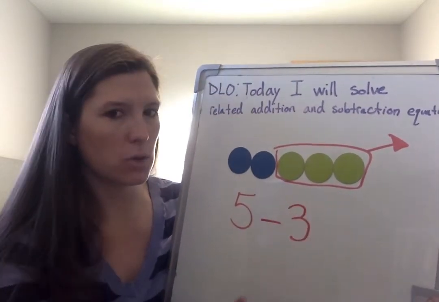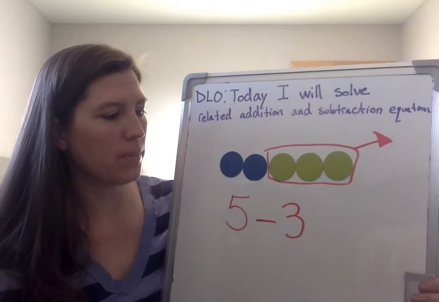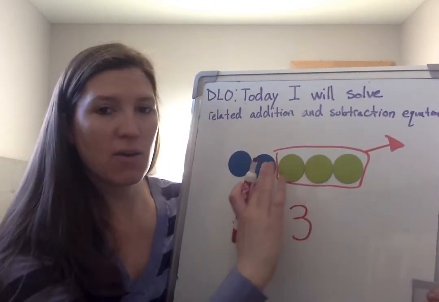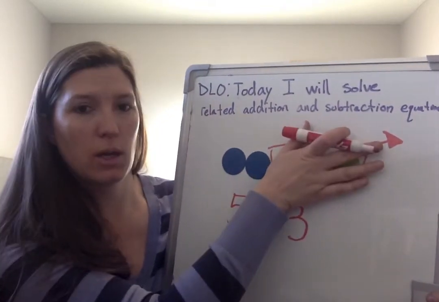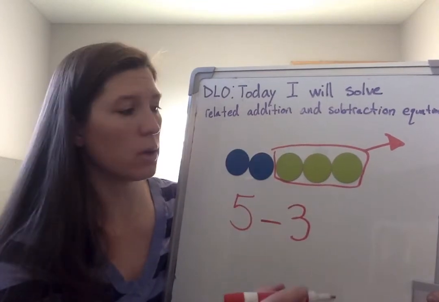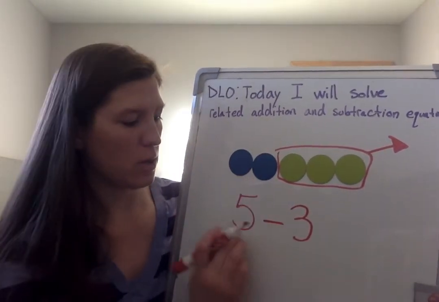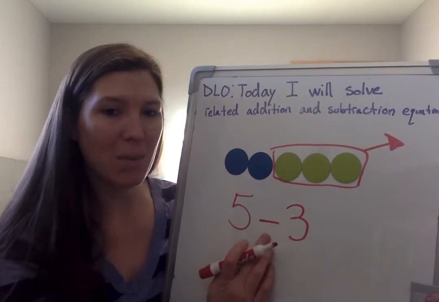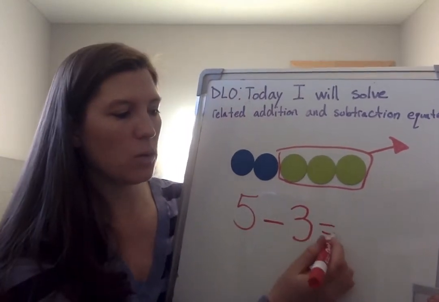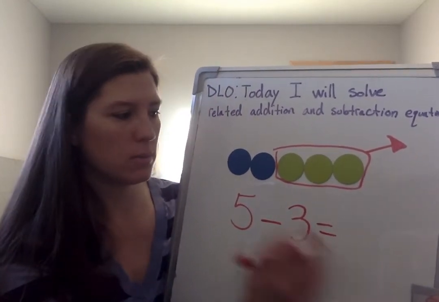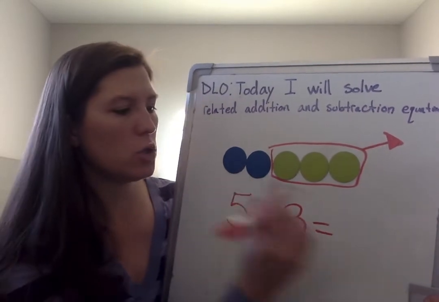Around the tree. That's the way you make the 3. Now, since those 3 have left, I could cover them up. You could cross them out in your book. How many are left? If I had 5 altogether minus 3 equals, what's my difference? 2. 1, 2.